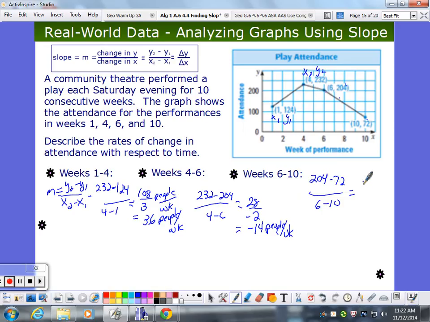Well, it's positive, right? And then 6 minus 10 is my negative 4. What's the 132 divided by negative 4? Negative 33. So now this one I'm losing 33 people per week. So first I increased 36 people per week, started decreasing 14 per week, then decreasing 33 per week. So it tells a kind of a little story here.